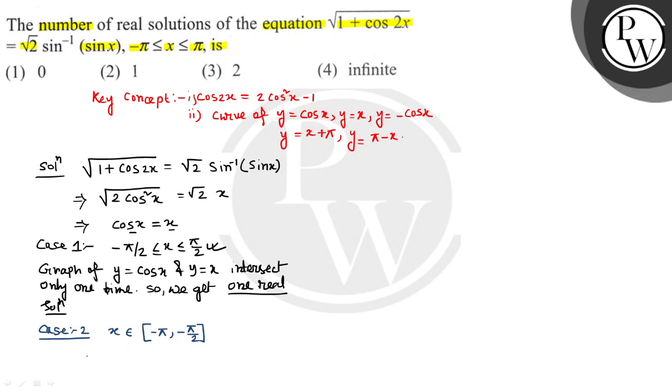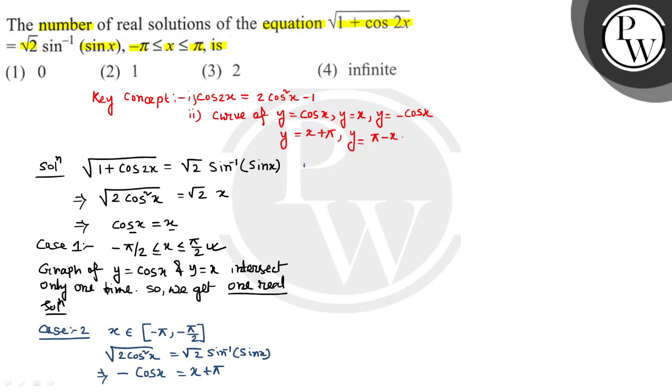If you consider this, we get root 2 cos square x equals root of sine inverse sine x. Because of the interval, this is written as minus cos x equals x plus pi.